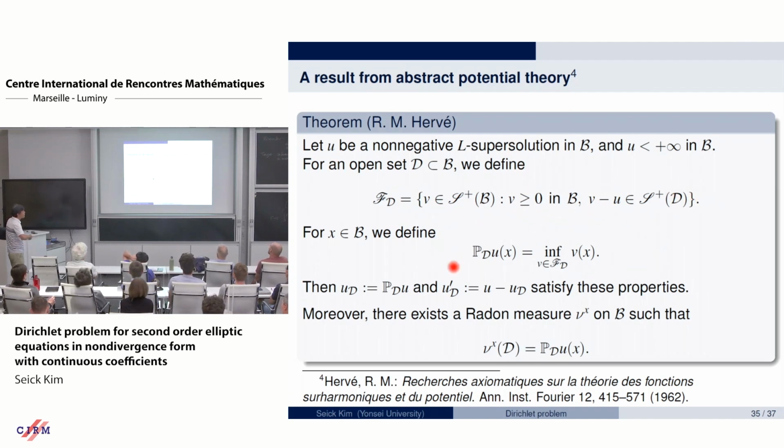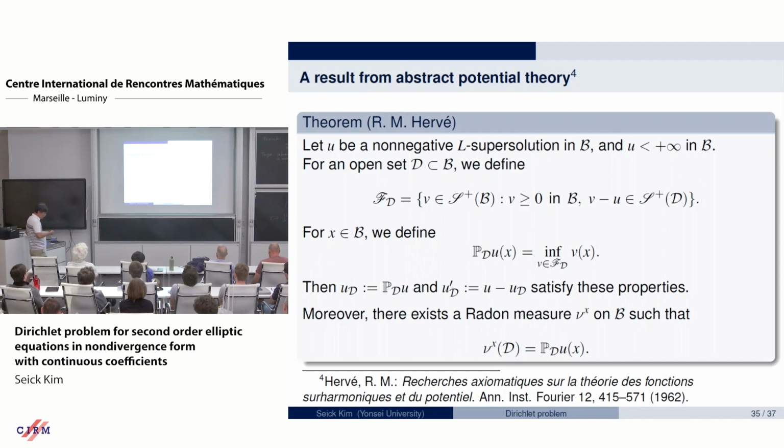This is well defined. This projection is exactly that U_D in the previous slide. So you are given a superharmonic function and any open set D. You can decompose U as U_D plus U_D prime, and U_D is nothing but integrating your measure with the characteristic function of the set D.